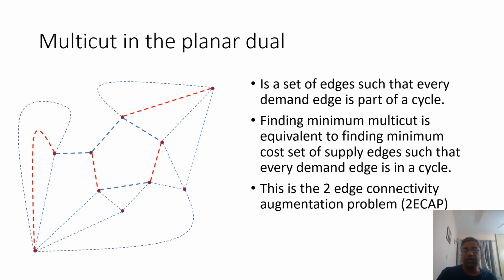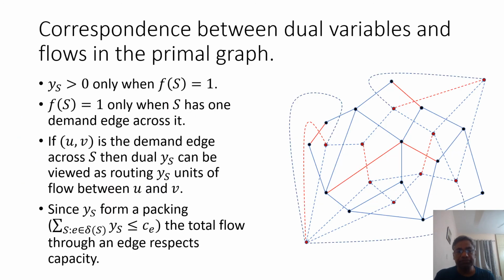And this is exactly our 2-edge connectivity augmentation problem. So the multicuts in the primal graph, their corresponding edges in the dual graph form a solution to the 2-edge connectivity augmentation problem in the dual graph.